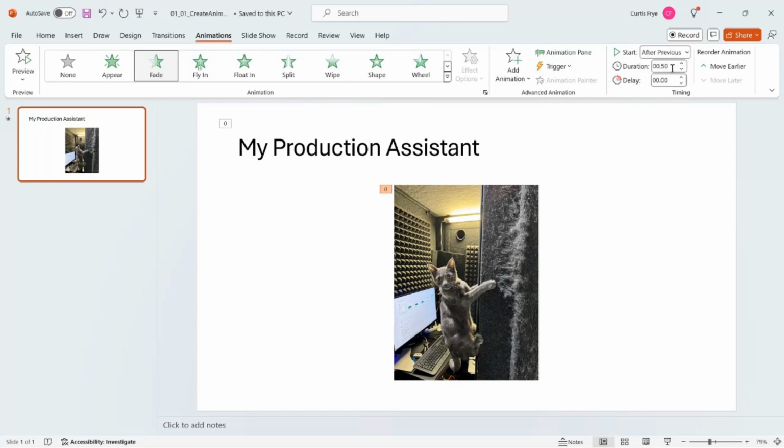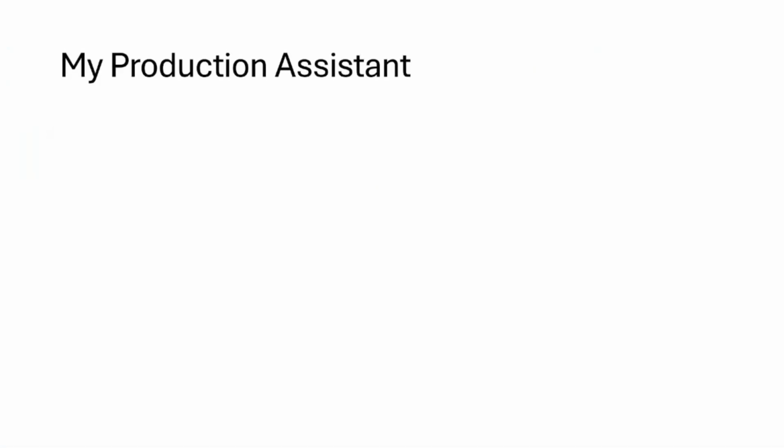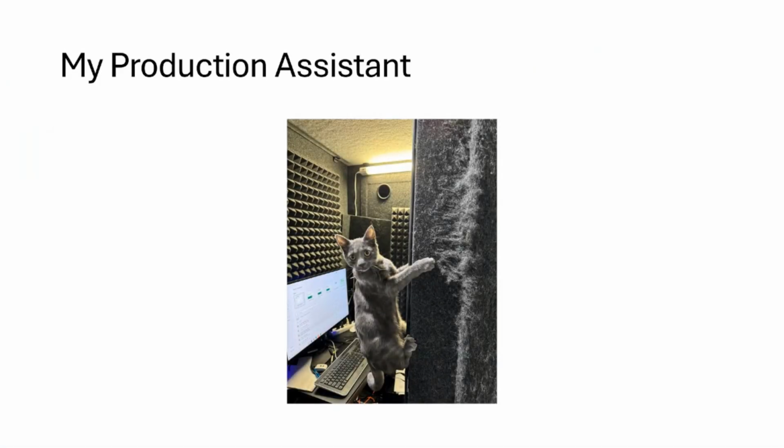The duration will be half a second, 0.50, and let's have PowerPoint wait a quarter of a second so it doesn't happen so quickly. Right, so with that in place, I'll go back up, start the slideshow. There's the title, and there's the picture of the cat. And of course, you can play with these timings as much as you want.